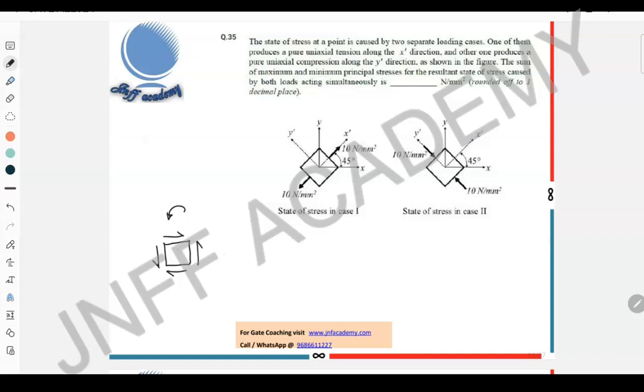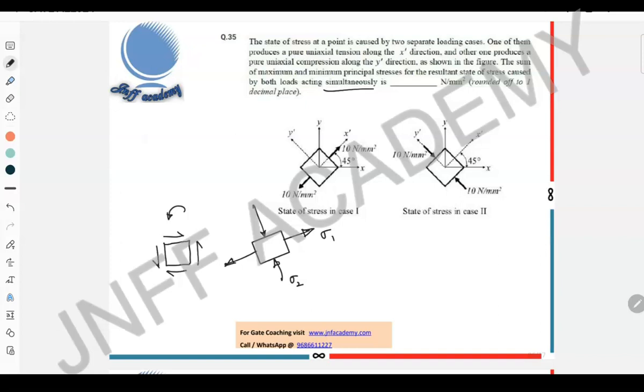If you see the principal stresses for this particular loading, we found these two directions as tension, and the transverse direction will have compression. In this question they are giving two individual cases, and asking us to consider them simultaneously, then what will be the resultant state of stress.